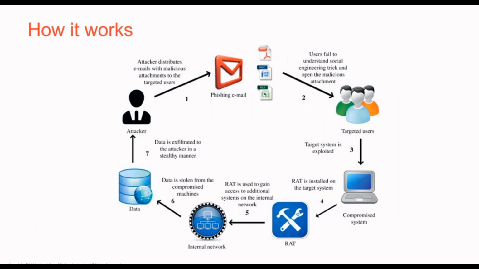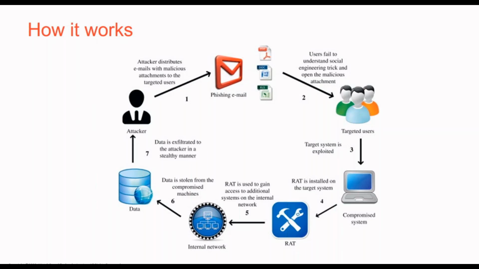So how it works, and here I'm just taking an example related to phishing through email, right? Mainly, you're going to receive an email related to your FedEx. Here is a specific attachment that is showing your order, or it is a document or an Excel sheet from your manager, and so on.